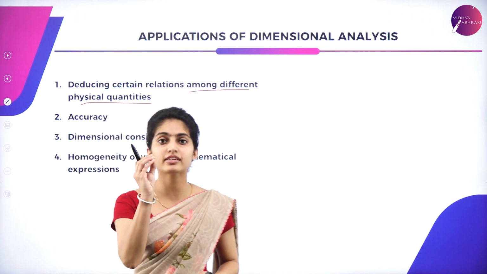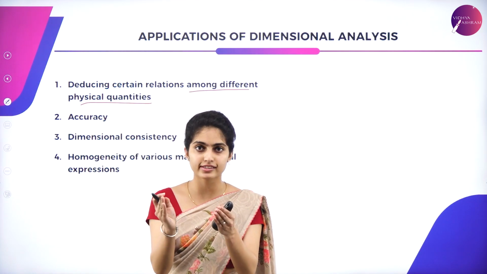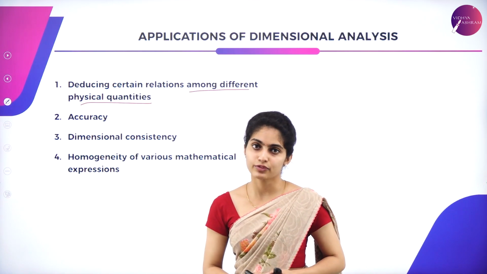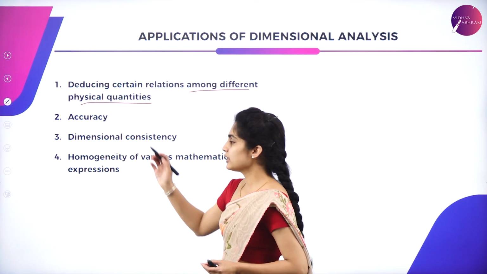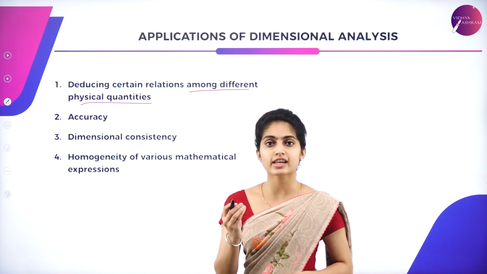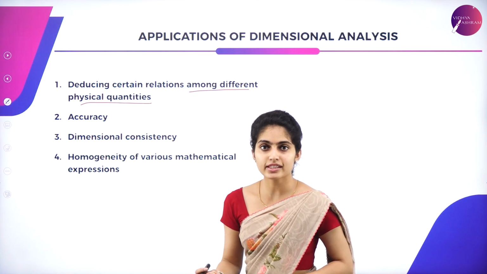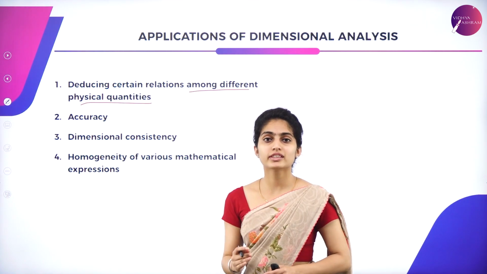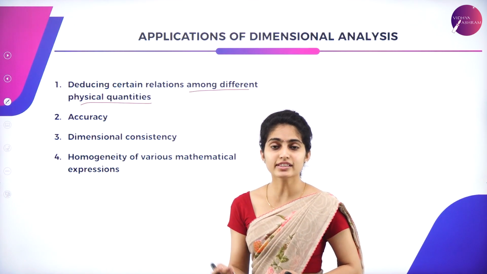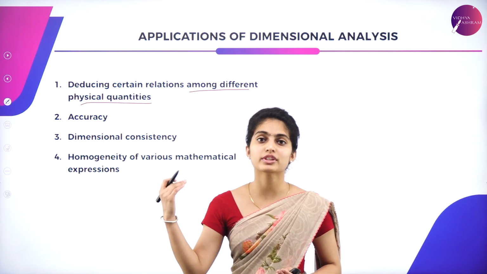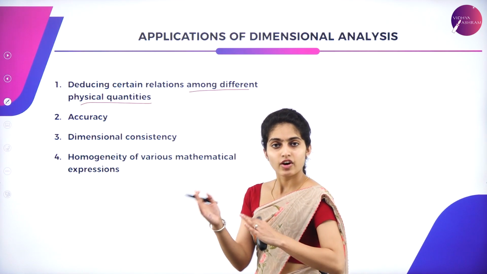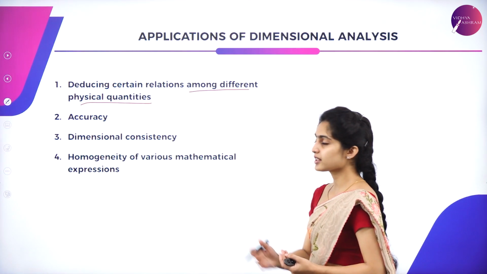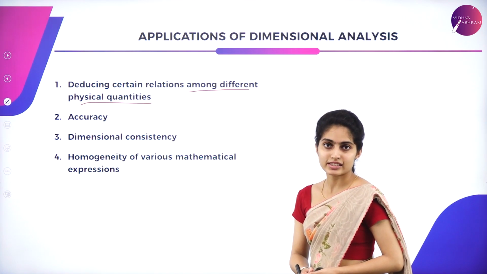It is nothing but the correct form of it, like correctness, very close to the correct value. So dimensional consistency. So what is this dimensional consistency? That means the left hand side as well as right hand side both contain the same dimensions. That is, it is made to reduce to the same dimensions on both the sides. That is nothing but this dimensional consistency.